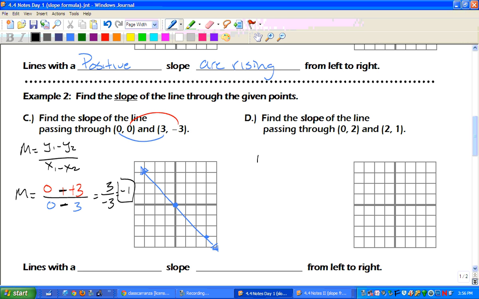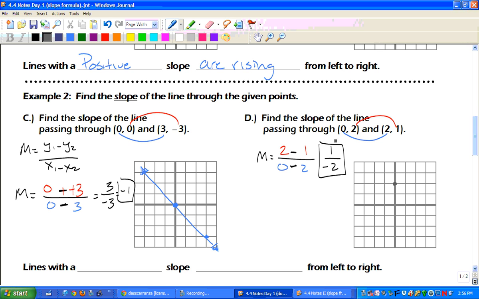All right, let's do the next one. Okay, there are the subtraction signs. So we got 2 and 1, and then 0 and 2. 2 minus 1 is 1. 0 minus 2 is negative 2. There's our slope. Let's graph the line.